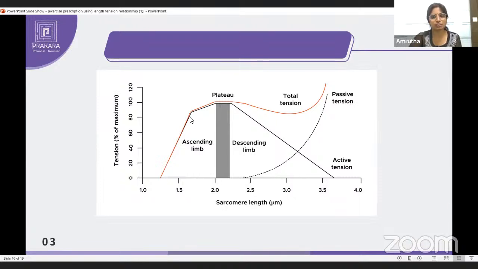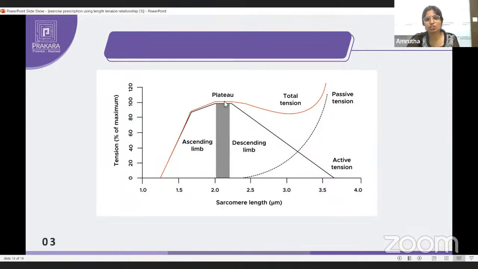Once the tension is increased, after shortening, there is a period where optimal length is reached. From this point till here, I will be considering it as optimal length only. There is a plateau, like even the tension is saying I'm full, I don't want more tension now.